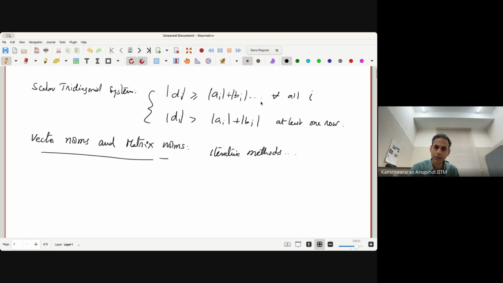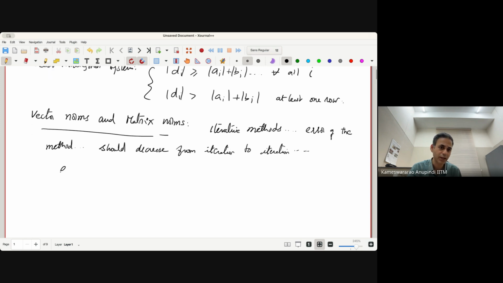Similarly, another application is in iterative methods, where we want the error of the method to decrease from iteration to iteration. If this error is defined as a single value E, then we can easily calculate that and show that it is going to decrease.